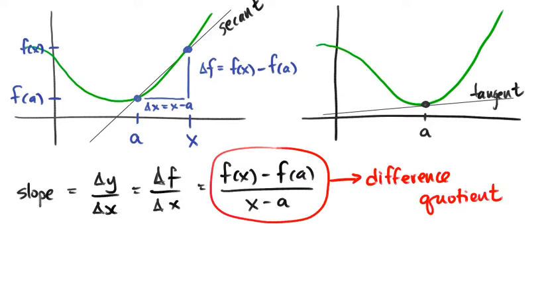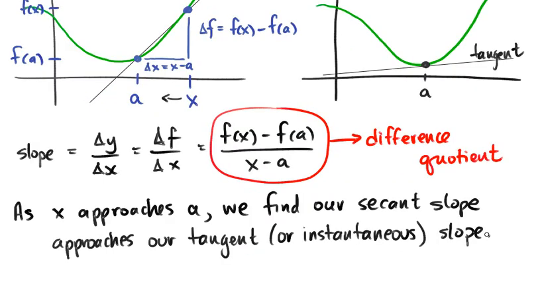And as we saw before, as our x value approaches our a value, our secant slope approaches our tangent or instantaneous slope. And this slope of our tangent line, this instantaneous slope, is essentially our derivative.